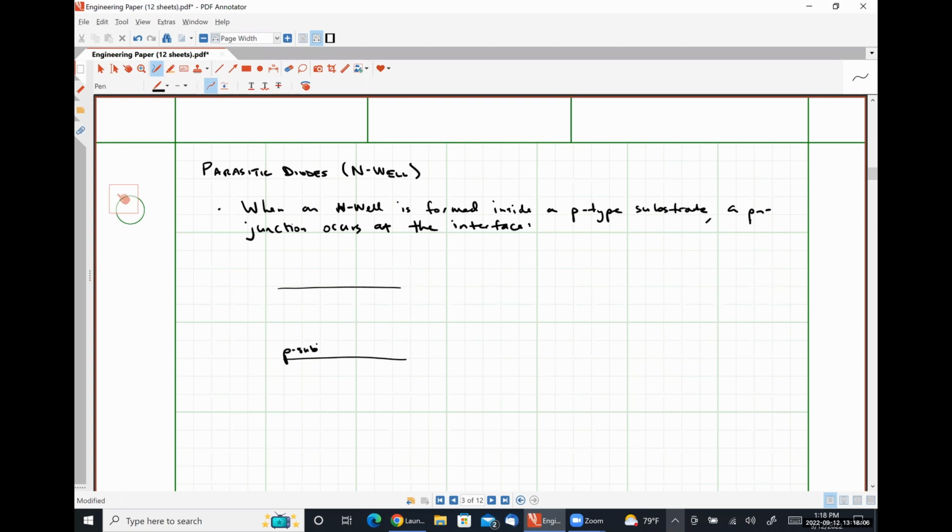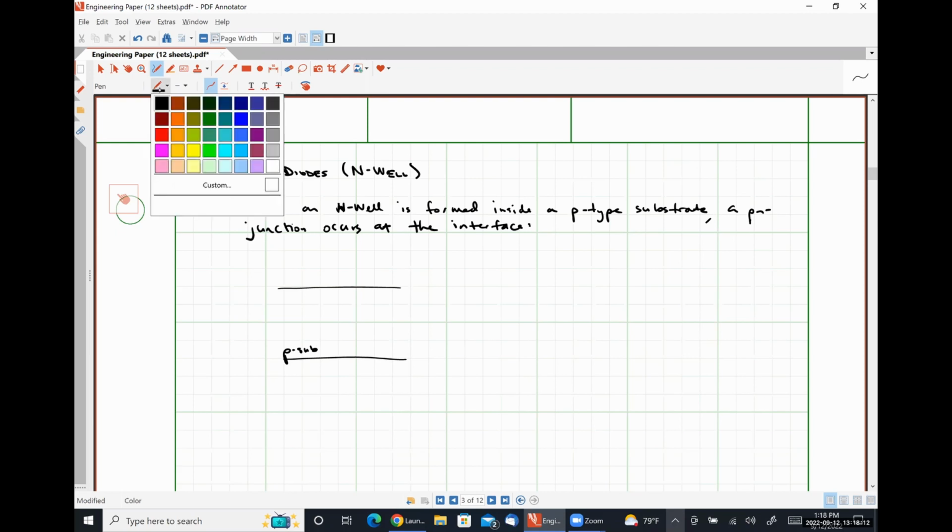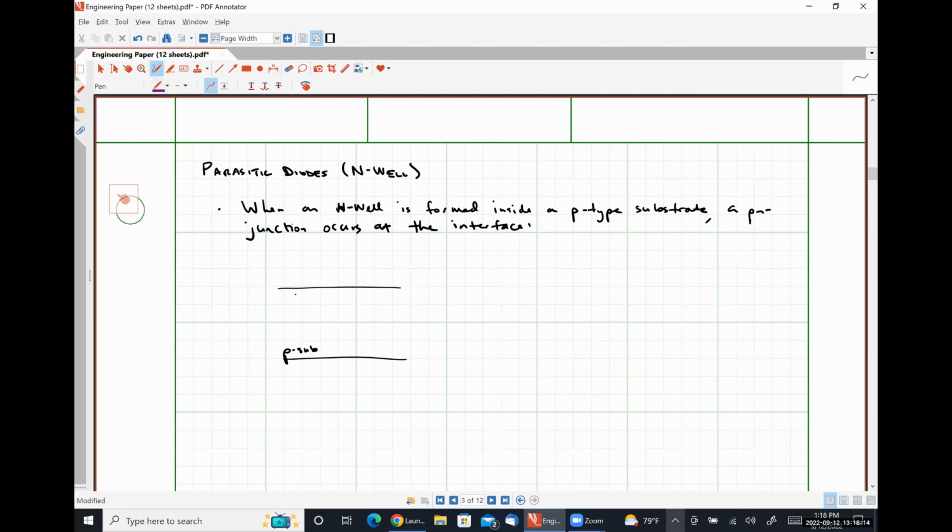But effectively, we have our P-type substrate, and then our well material, which I don't remember what color I used the other day, so I'm just arbitrarily going to use purple right here.